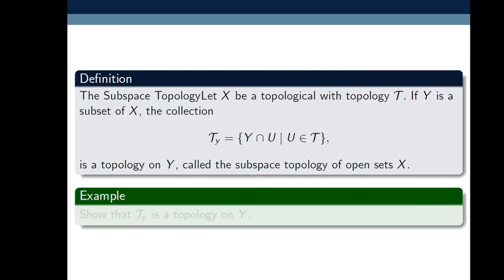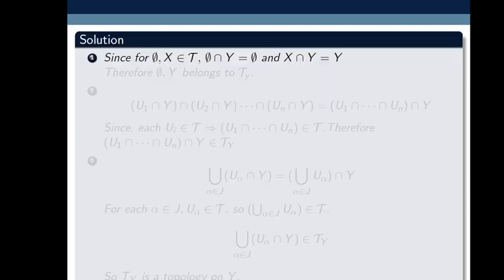So now we prove that tau Y is a topology on Y. To prove a topology, there are three conditions.